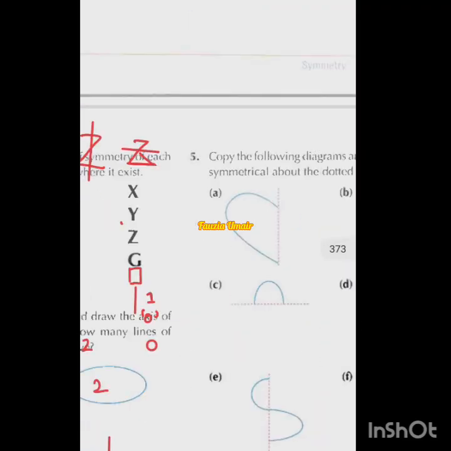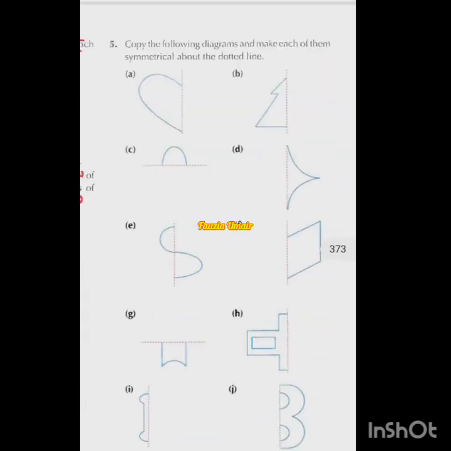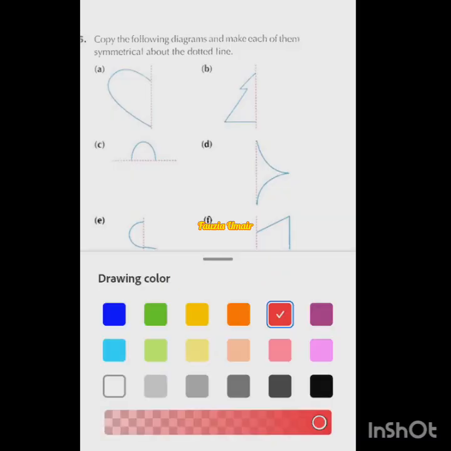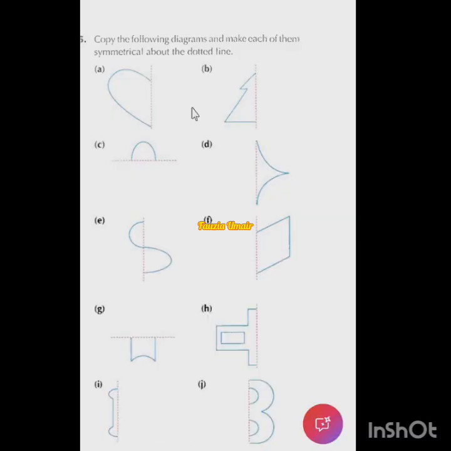All right. Question number 5 is: copy and make each of the following symmetrical about the dotted line. So how to do it? Ma'am, we draw the exact shape on the paper, the reflective image. Yes, reflection. So it's like this.